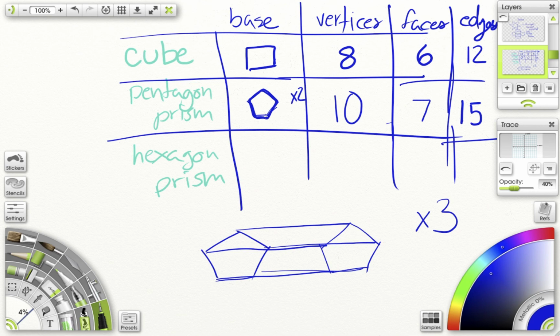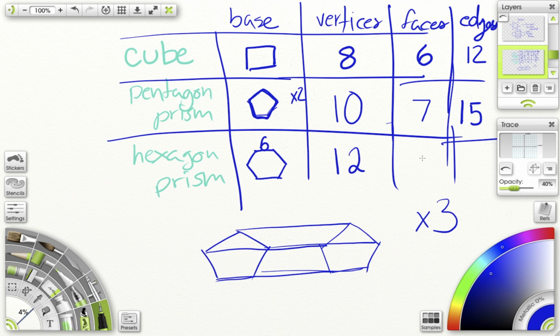Let's try applying these rules to a hexagon prism. So our base is a hexagon, which has 6 sides. The number of vertices is the number of sides times 2. Okay? So 6 times 2 is 12. What about for faces? It is the number of sides plus 2.